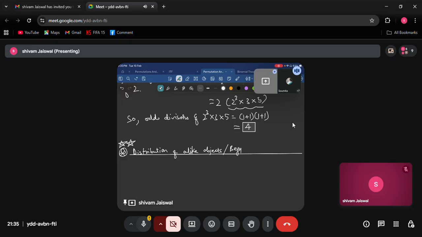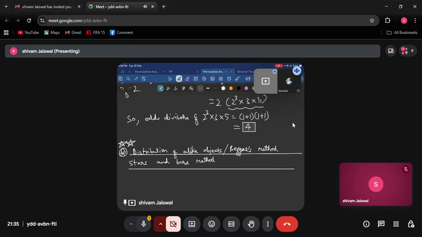Beggar's method, stars and bars method, all are the same. Distribution of alike objects. And it is very important for JEE. JEE Advanced questions have also come from here, and Olympiads also, all kinds of Olympiads.